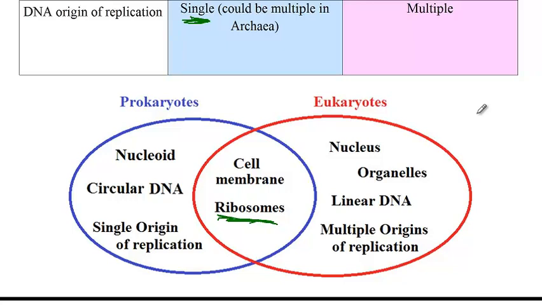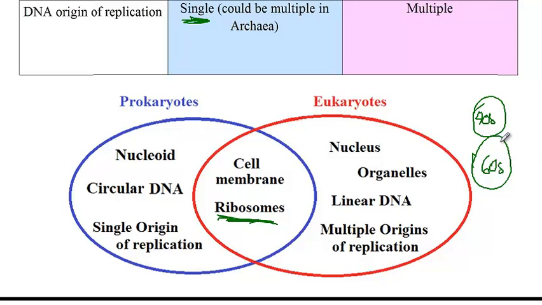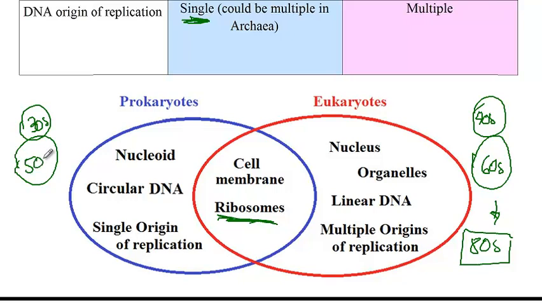So eukaryotes are made of a 40S ribosomal subunit combined with a 60S ribosomal subunit, and this combination refers to an 80S ribosome. That's what eukaryotes have. Versus prokaryotes, they have a 30S subunit combined with a 50S subunit to yield the 70S ribosomes.